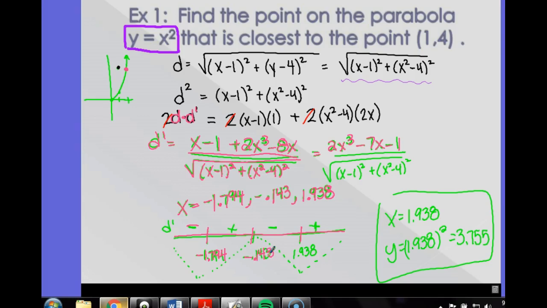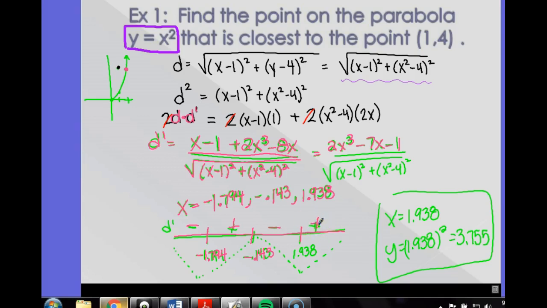What's the sign at negative 1? Then we need to be between negative 0.143 and 1.938, so what's the sign between them, maybe at 0 or 1? And what's the sign bigger than 1.938, so at 2?